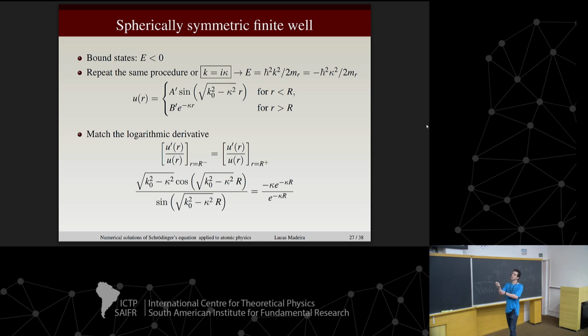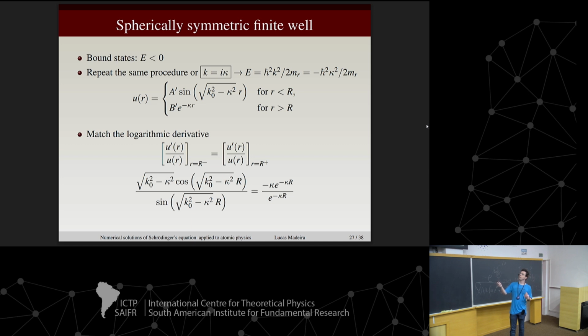So far, I did all my calculations with positive energy, scattering states. Now I want to do bound states, negative energies. I could do all the calculations again, and at the end, you would all be sleeping, right? But I'm going to use a trick. I'm going to do this substitution here.